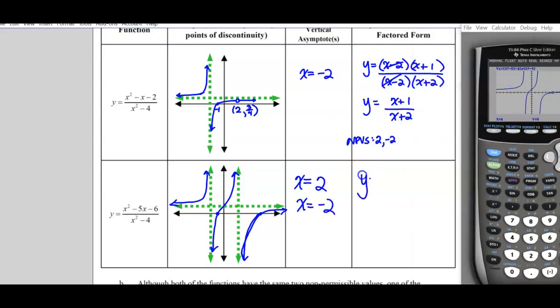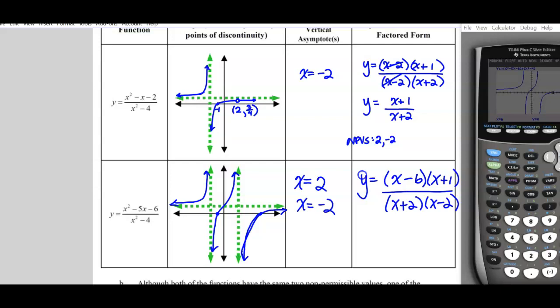If we factor this one, you'll notice that nothing divides out. If the factors in the denominator do not divide out, that will give you your vertical asymptotes.